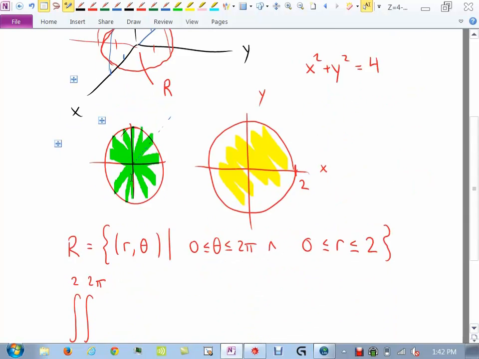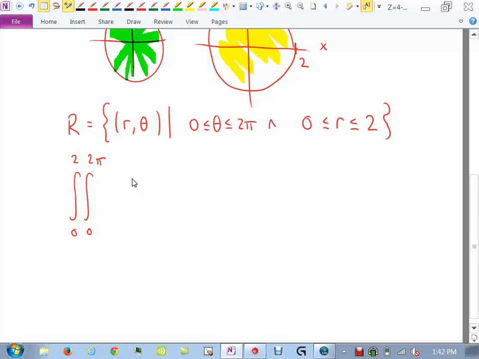But I need to convert my x's and y's over. So this is 4 minus r squared cosine squared theta minus r squared sine squared theta. Then r, thank you, d theta dr.